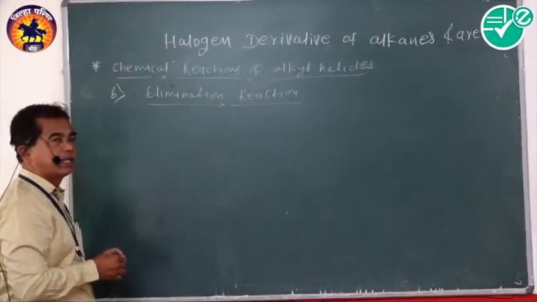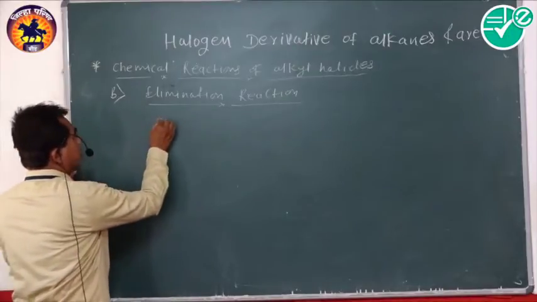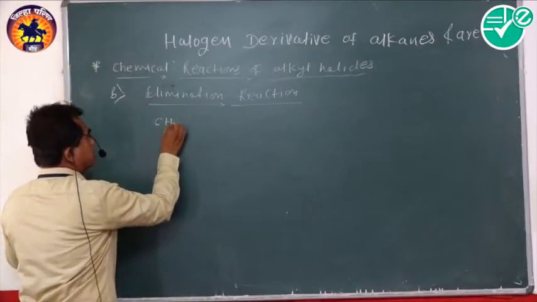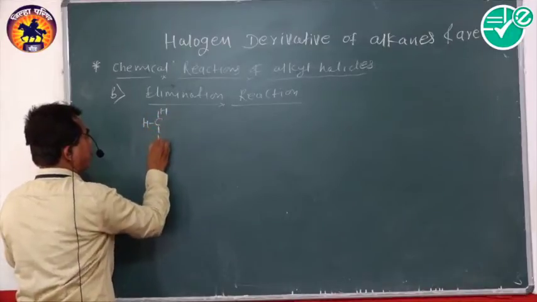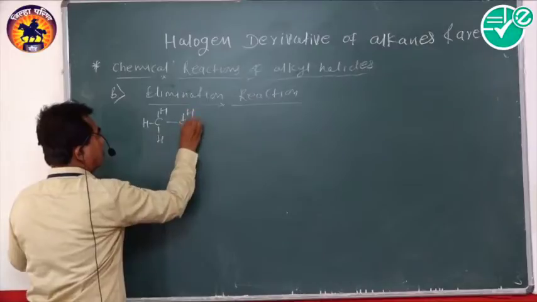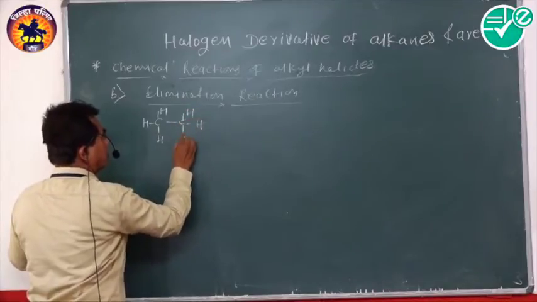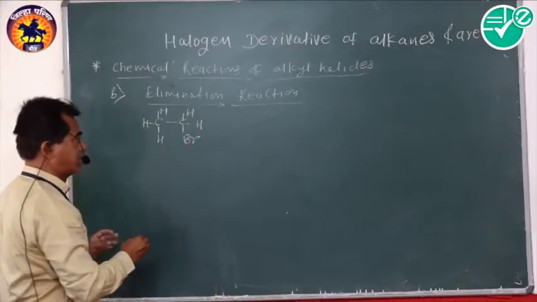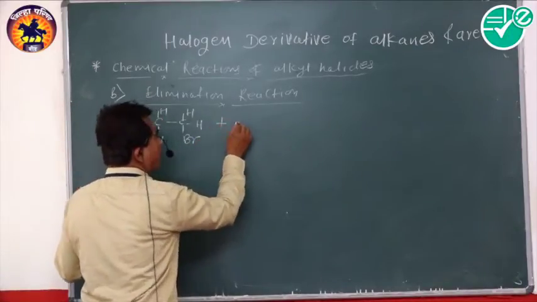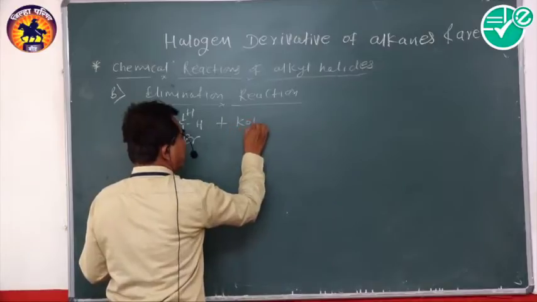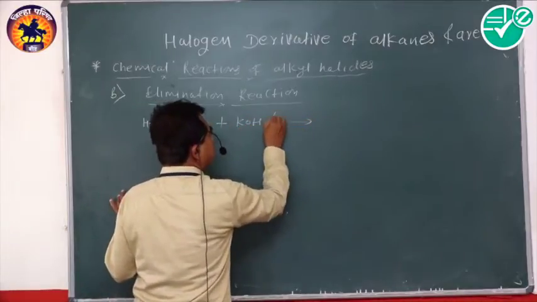Now, for the first elimination reaction, we take an example: ethyl bromide reacting with KOH alkali, but in the presence of alcohol.